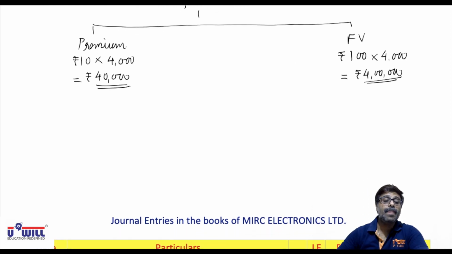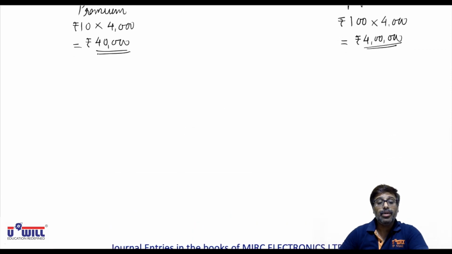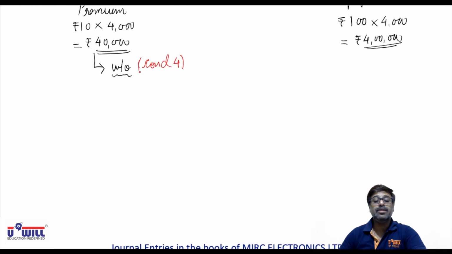Now, what are the sources and how to utilize them? How will we write off the premium? There are two sources for it. This comes under condition 4. As per condition 4 of section 55, premium can be provided or written off from two sources.